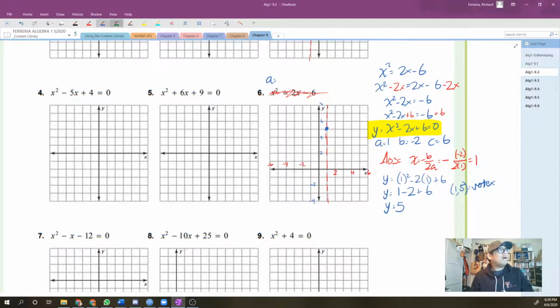So here's my y-intercept. Y-intercept is 6. So I'm going to put a point at 6 on the y-axis. Use symmetry to carry that through on the other side of the axis of symmetry, and draw my graph.